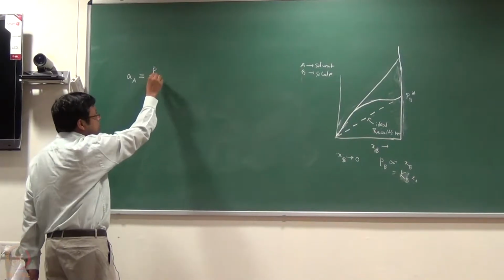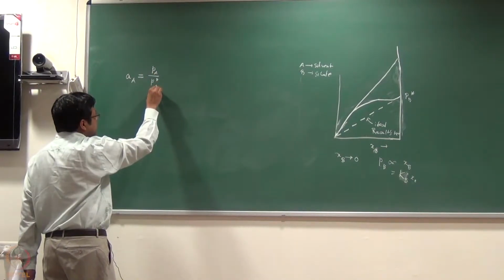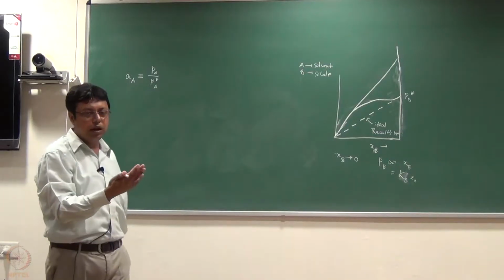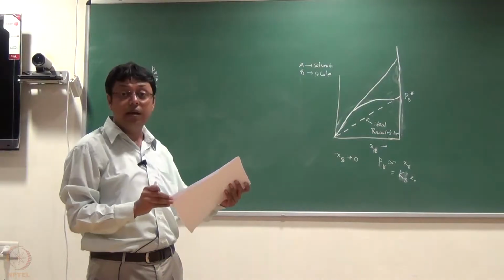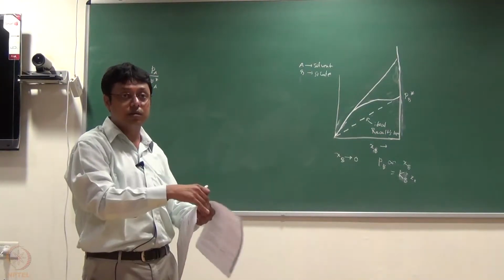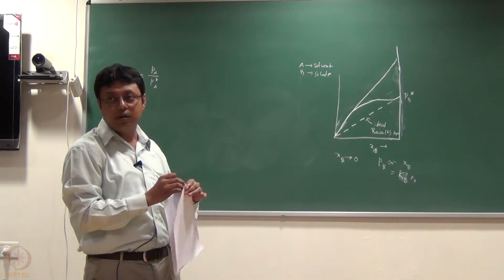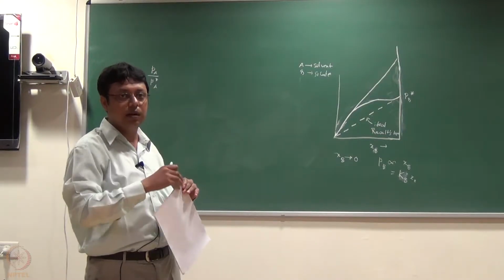Earlier we were using notation 1, I'm just using A notation right now instead of 1, and I'll use B notation instead of 2. But A and B again are just your choice. What is solute in your definition can be solvent in the other limit.